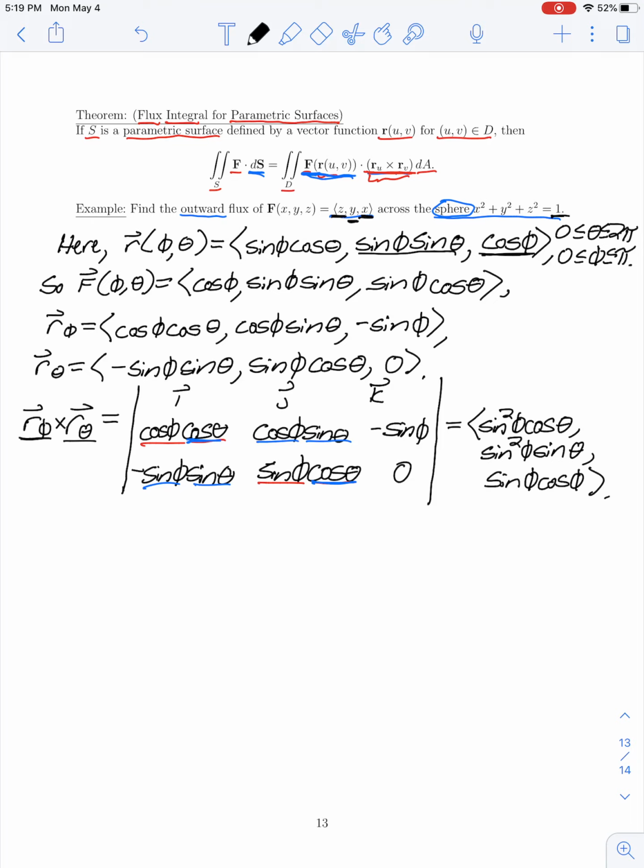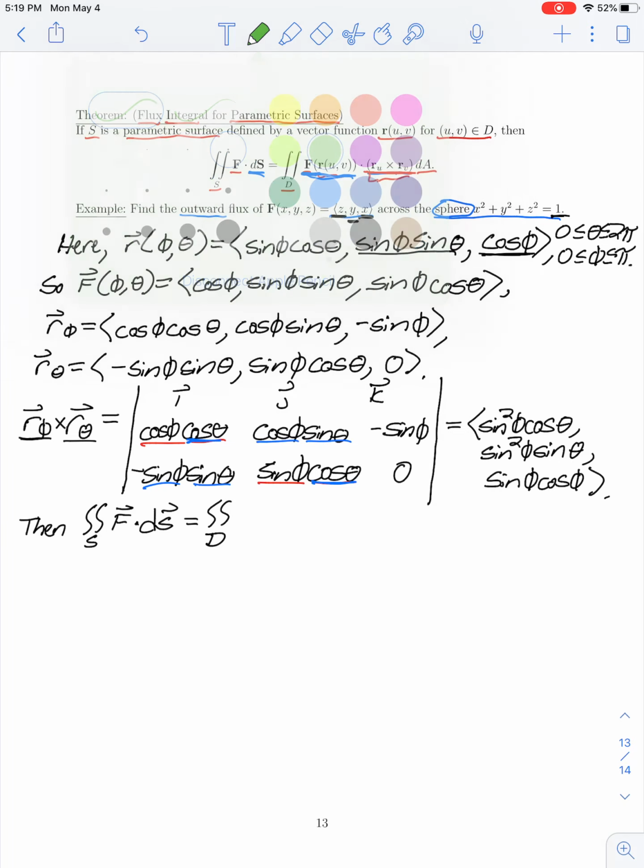So finally, we're ready to set up our integral for flux. So here the flux, which would be the surface integral of our vector field F over the surface S, is then evaluated as the double integral over our parameter domain D of the dot product of our vector field F in terms of u and v with this cross product that we just found.